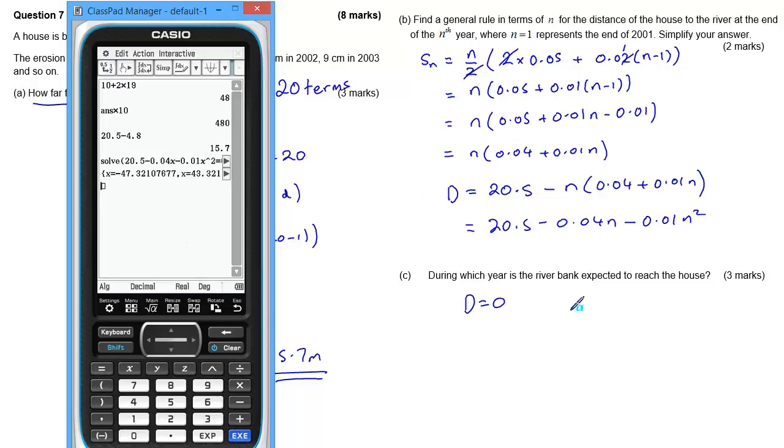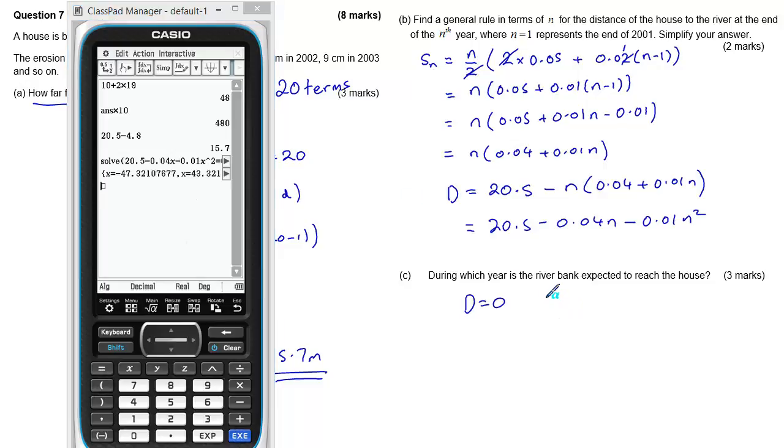And we're going to want the positive answer. So that's going to be 43.321 and so on.